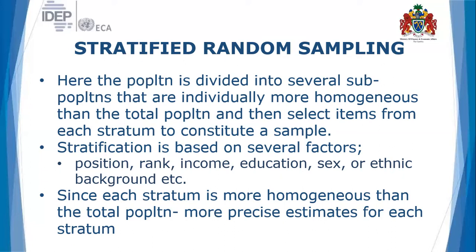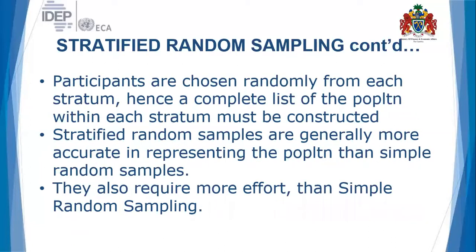Since each stratum is more homogeneous than the total population, stratified sampling helps to generate more precise estimates for each stratum. Participants or elements are chosen randomly from each stratum. And because of that, a complete list of the population within each stratum must be constructed.